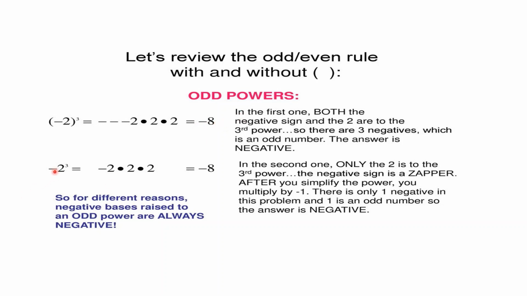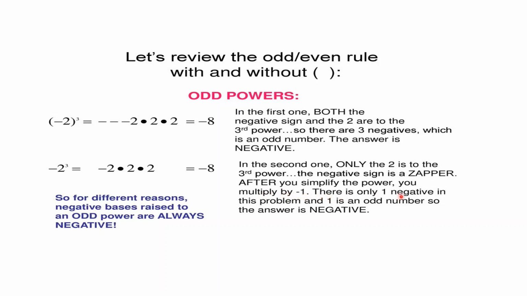When we look at the next one, there's no parentheses, so only the 2 is raised to the third power. So the negative sign is a zapper after you simplify the power. What I mean by zapper is you're just simply going to multiply it by negative 1.